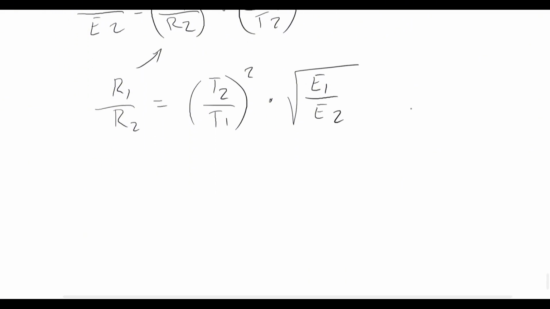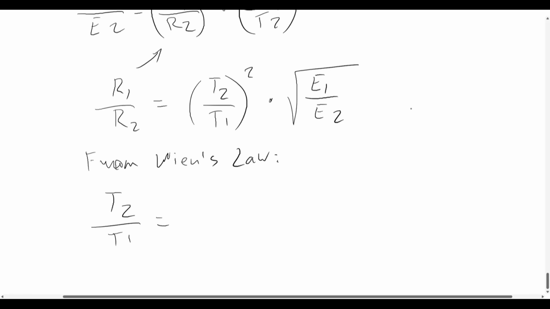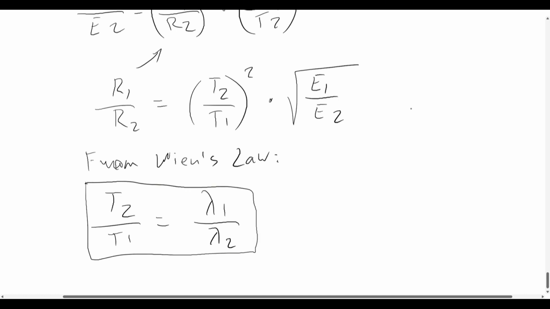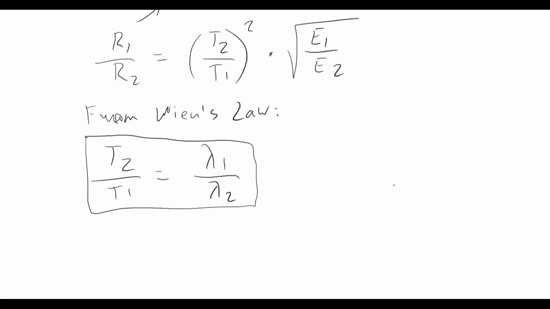From Wien's law, we know that T2 over T1 equals lambda 1 over lambda 2. This is Wien's law. Sorry, Wien's displacement law, to be more accurate.